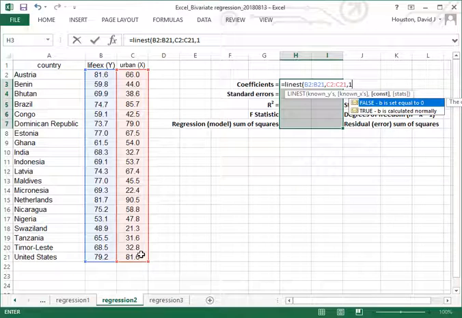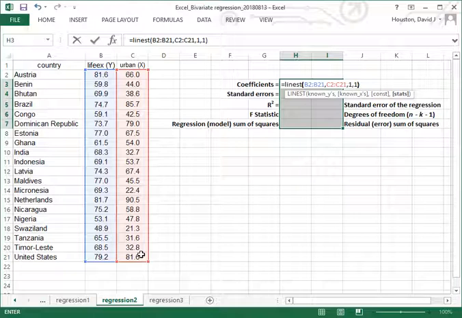And I always include an intercept in these models, comma, and the real value of the LINEST function is that it generates a wide variety of statistics that we can use for assessing model fit as well as completing hypothesis tests. So I'll put in another 1, or you can type in the word true for both of those.